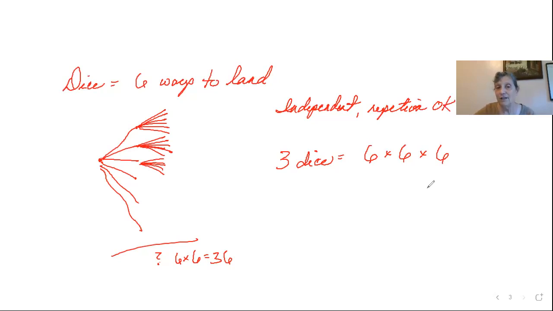In other words, we could get a 1-1-1 combination, and that would be fine. So 6 times 6 times 6, 216 ways to do that. And at this point, trying to do it by drawing a tree or listing all the possibilities is kind of ridiculous. So we need to have this multiplication way of trying to calculate it.